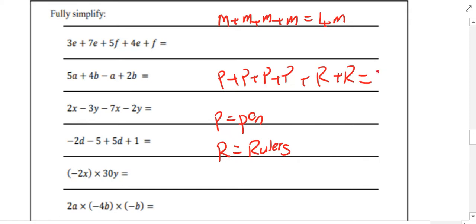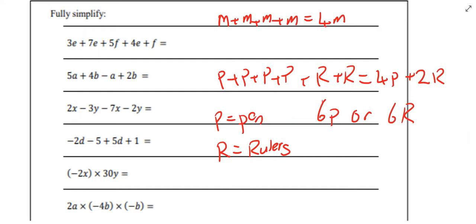So we have 4 pens plus 2 rulers. We can never ever say that we have 6 pens or 6 rulers. We cannot collect terms which are not like.